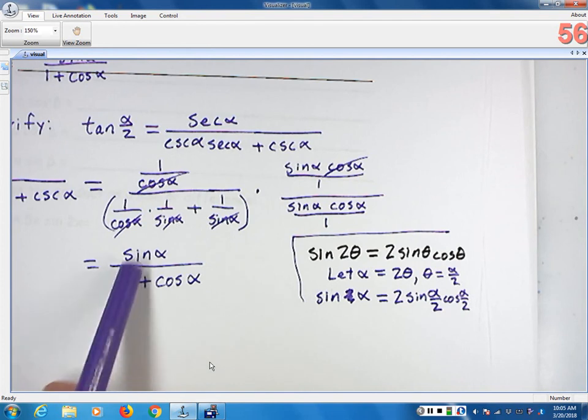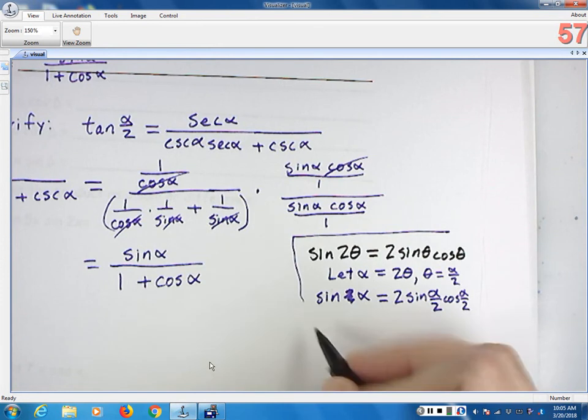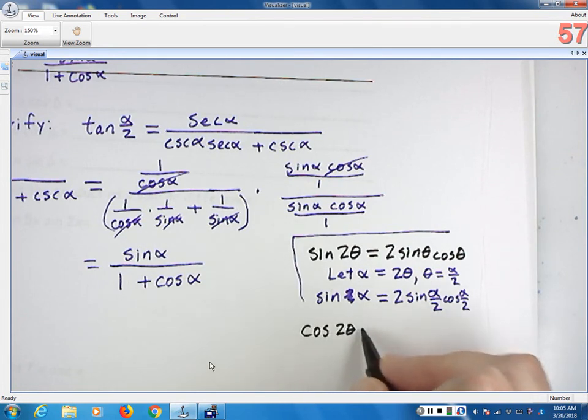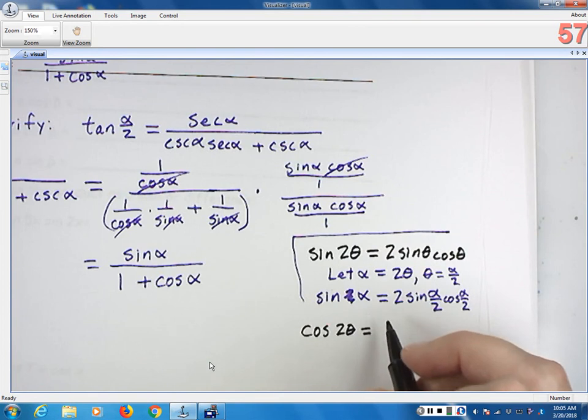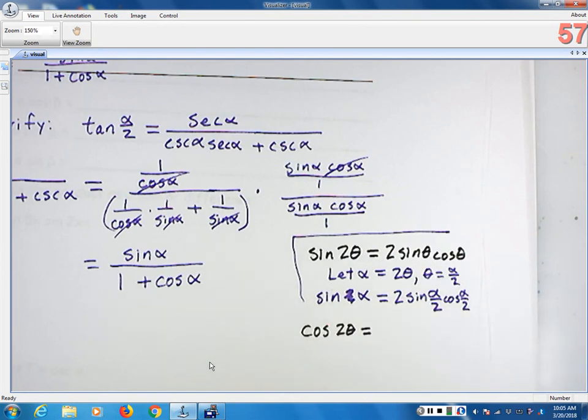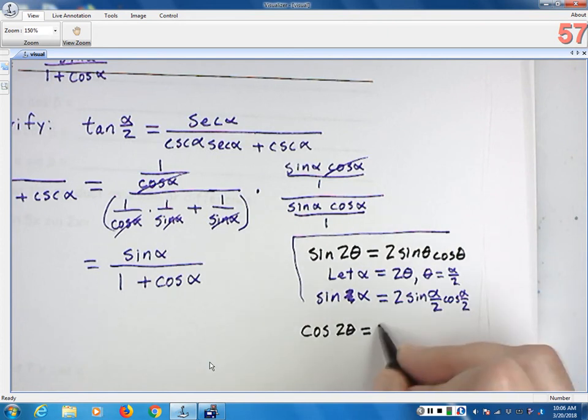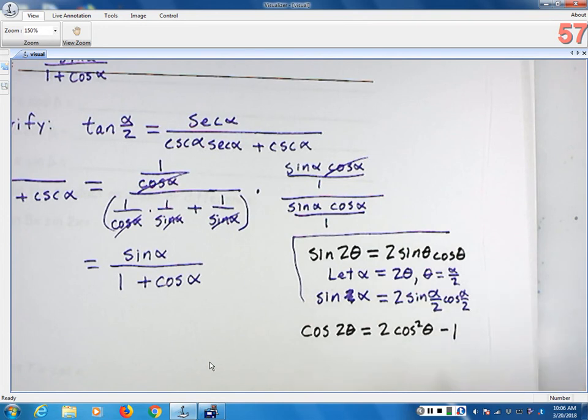I'm going to do the same thing with the cosine formula. We know that cosine 2 theta equals, and we want everything, I'm going to use the 2 cosine squared theta minus 1. I picked that one.